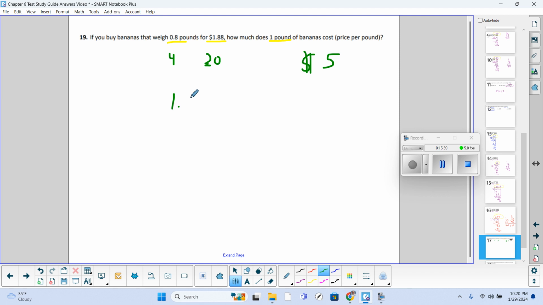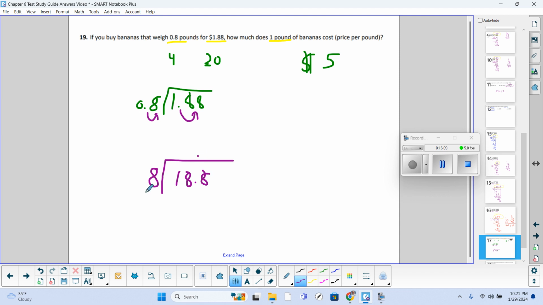So 1.88 divided by 0.8. All right, 1.88 divided by 0.8. Well, I can't do that until I make the divisor a whole number, so I'm going to move the decimal 1 over there, and it's the same as how many times does 8 go into 18.8.